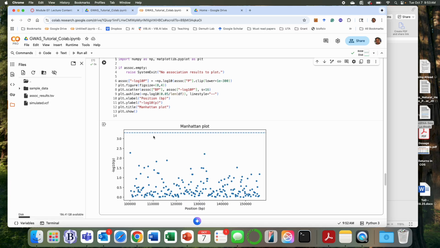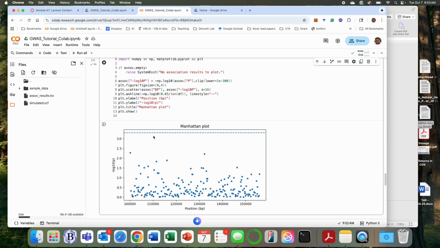What does it mean? Granted, it's all simulated data, so the phenotype is arbitrary here, but what would be your interpretation?